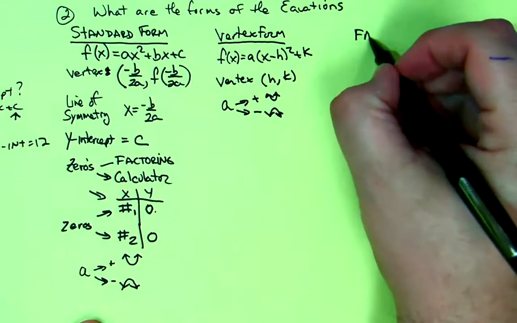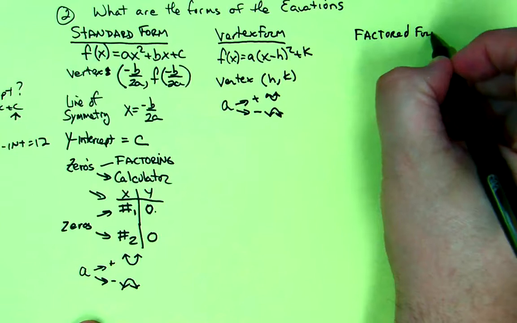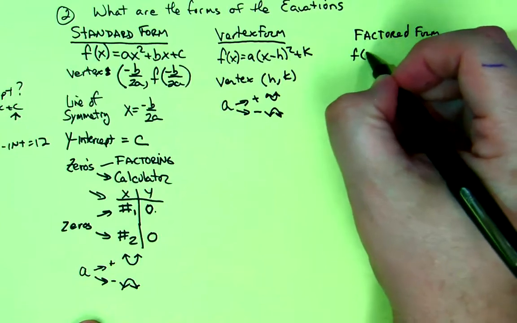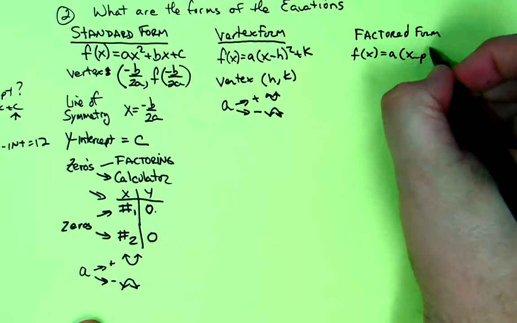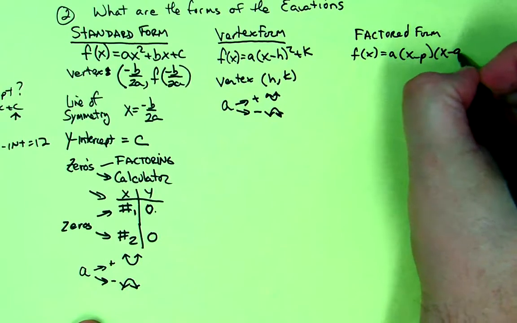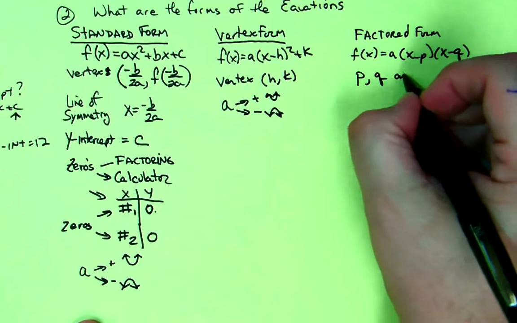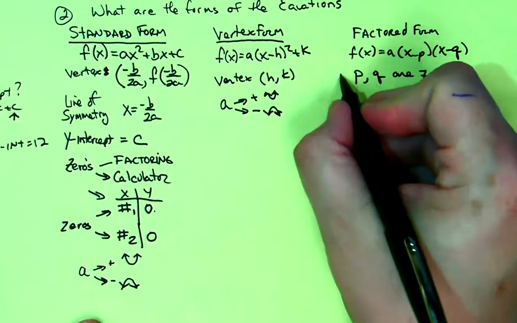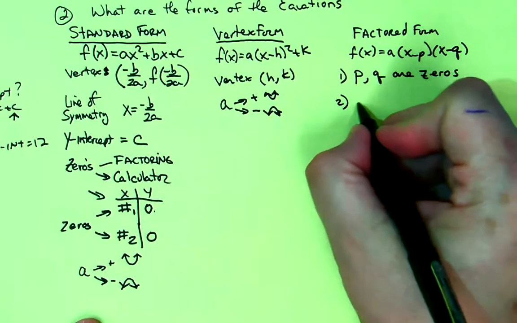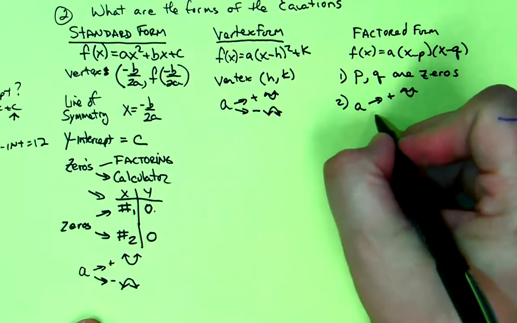And now there's factored form. You get f of x is equal to a times x minus p times x minus q, where p and q are zeros. So that's the first thing you do. Second, your a, still, if it's positive, it's opening up.